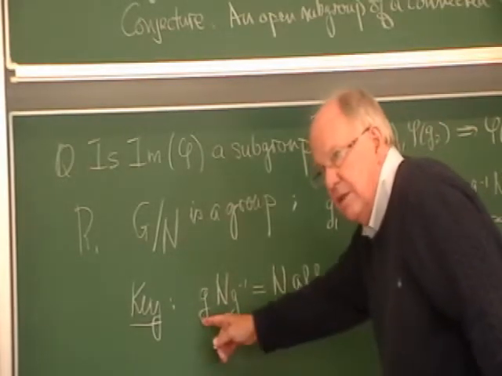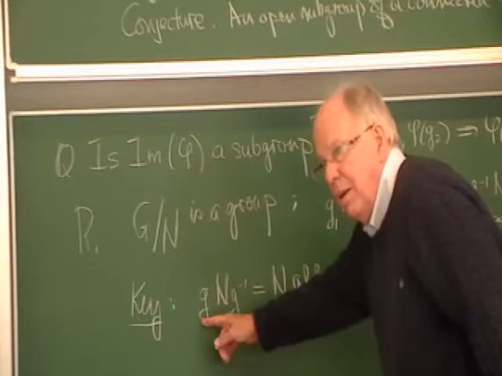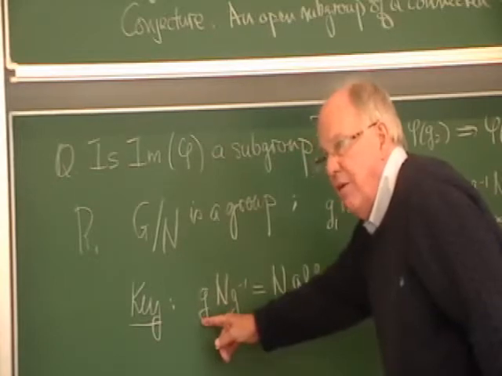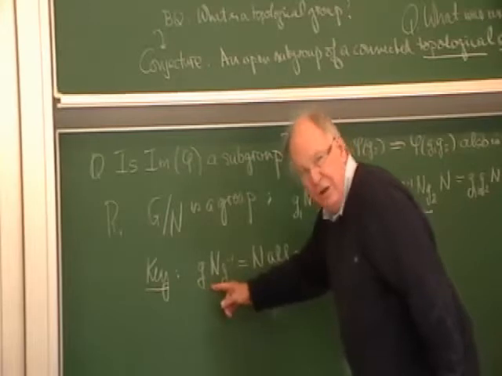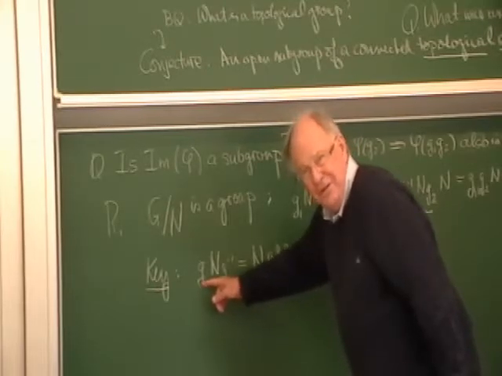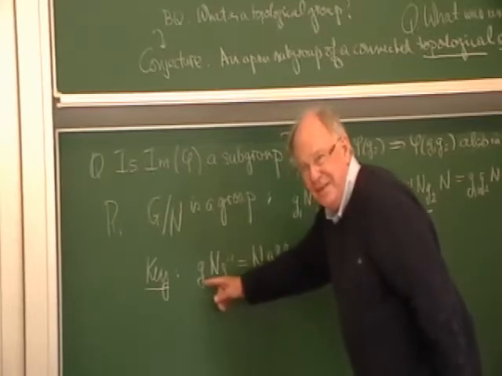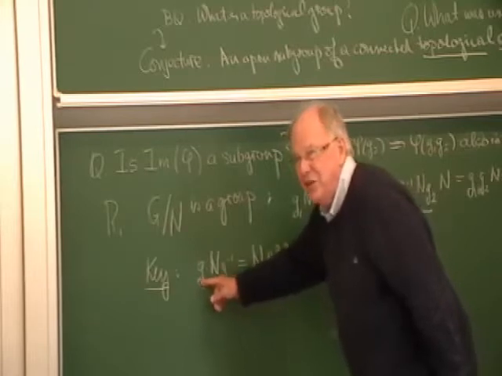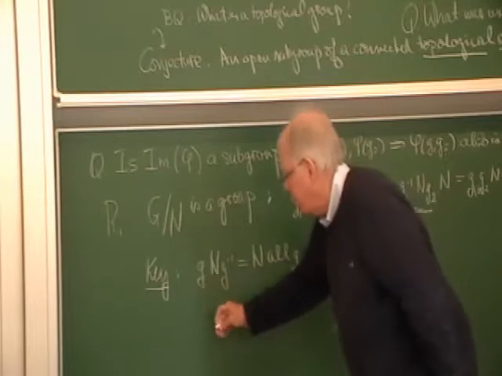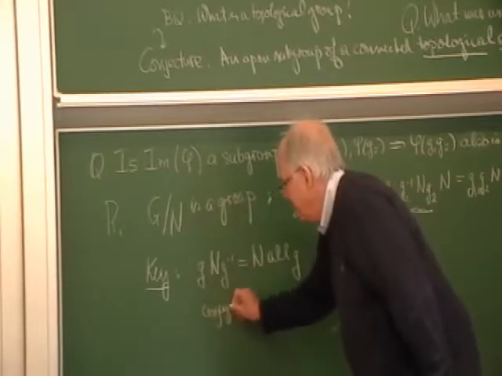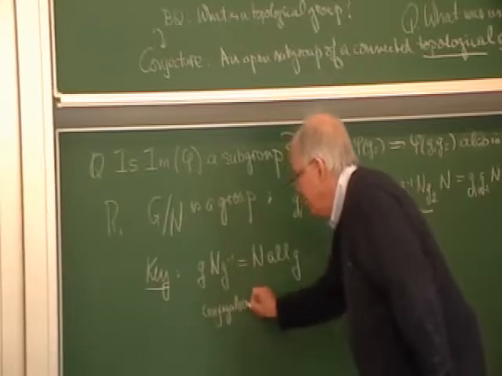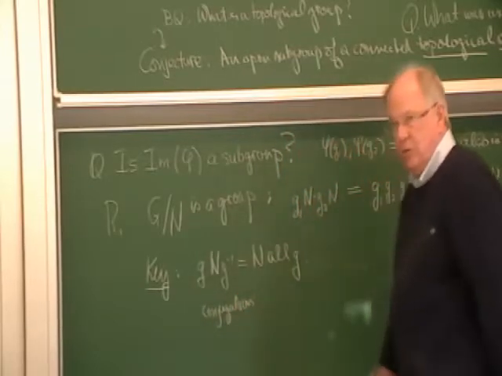You've seen this already, I hope, in Mickey Mouse elementary algebra, when you change bases and you conjugate. Conjugation is going on throughout all of mathematics. This is called conjugation. And it's true.